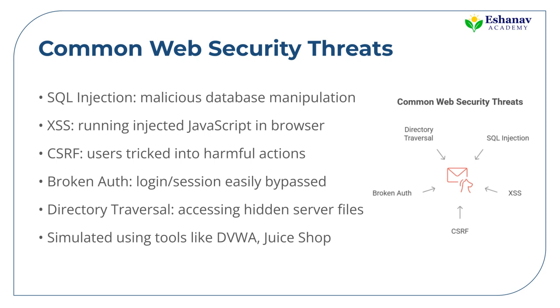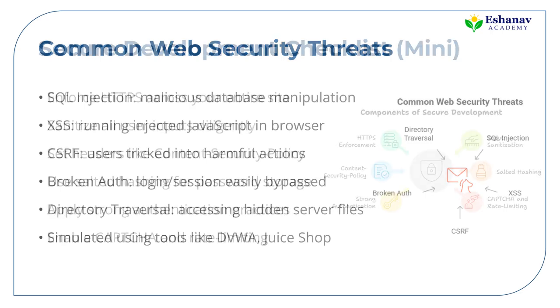Broken authentication makes logins vulnerable to hijack. Directory traversal is like breaking into locked drawers on your server. To really grasp these, try labs like DVWA, Juice Shop, or TryHackMe. They're safe places to simulate the chaos. Understanding these threats transforms you from passive builder to active guardian.